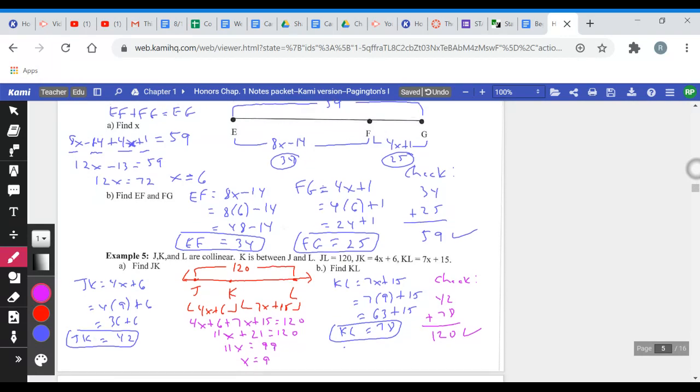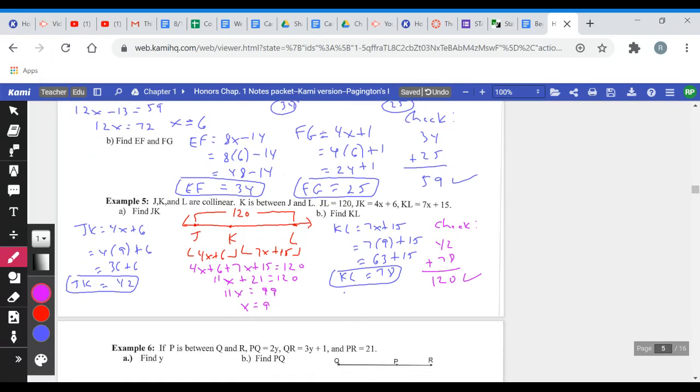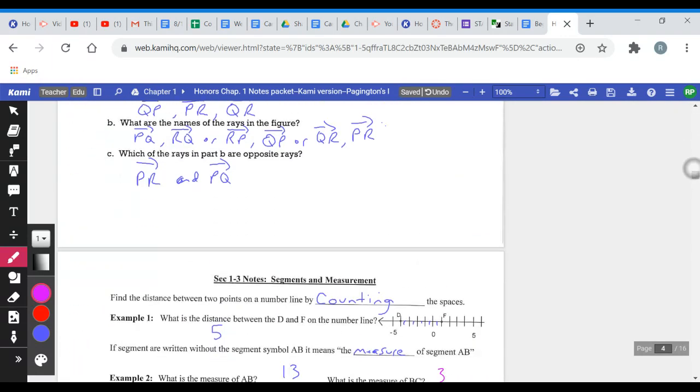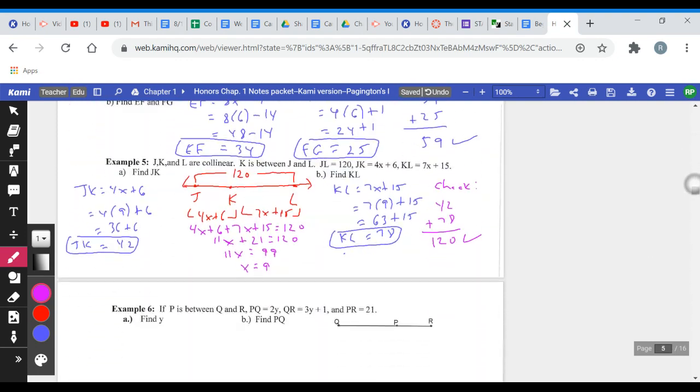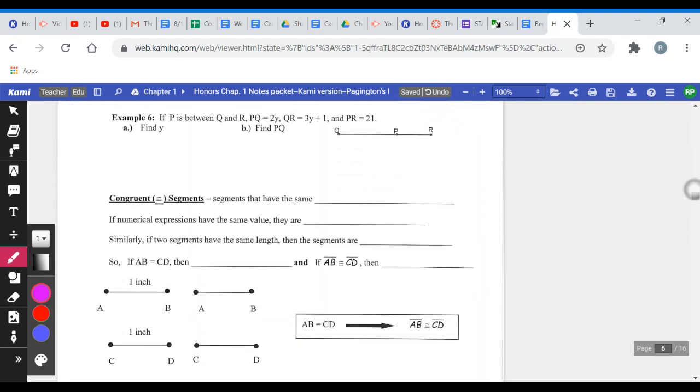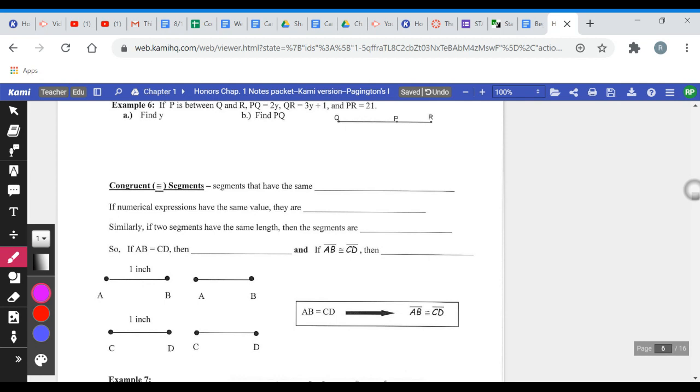All right, let's move on to the next one. Okay, so on this next part, this problem is very similar to what we just did.